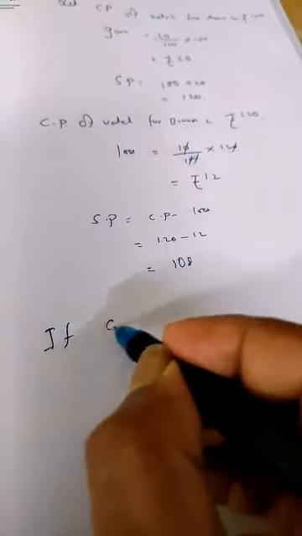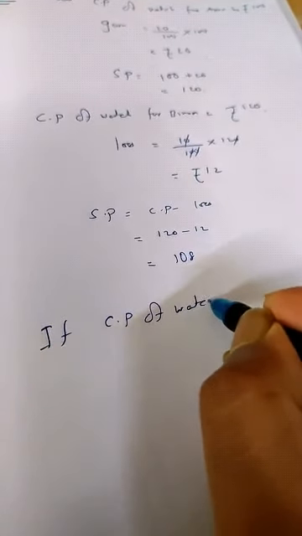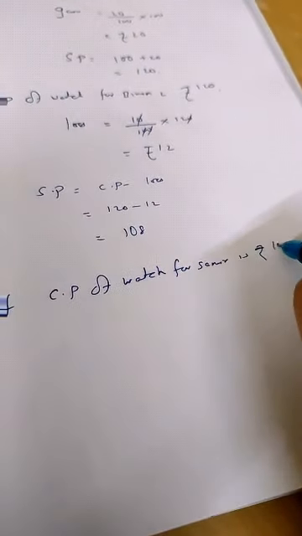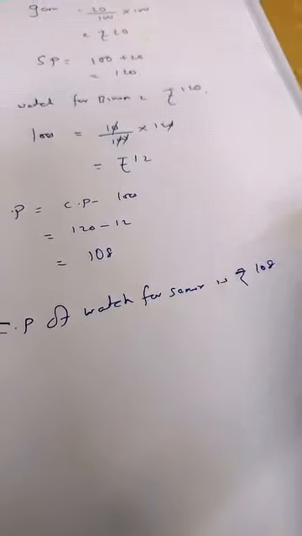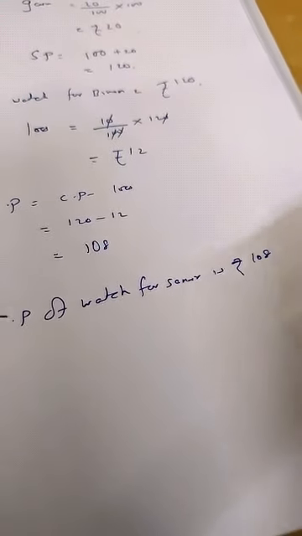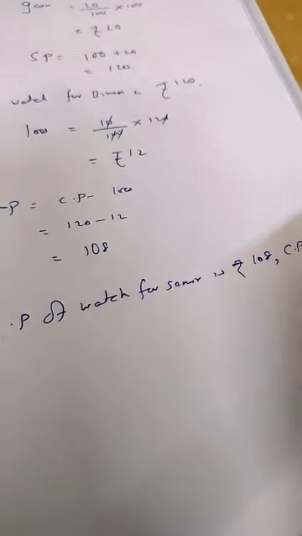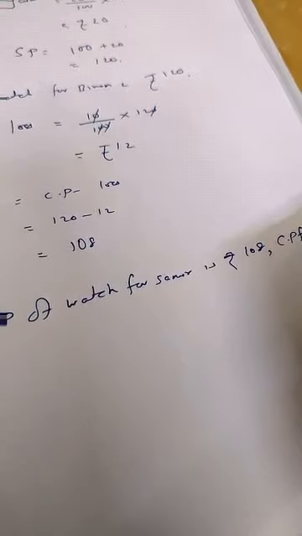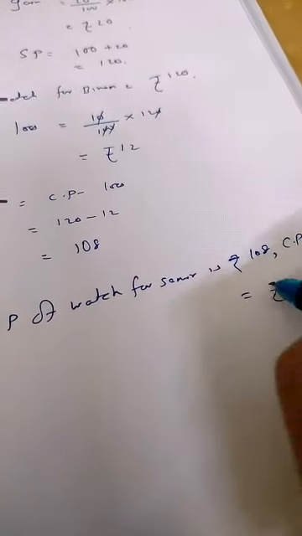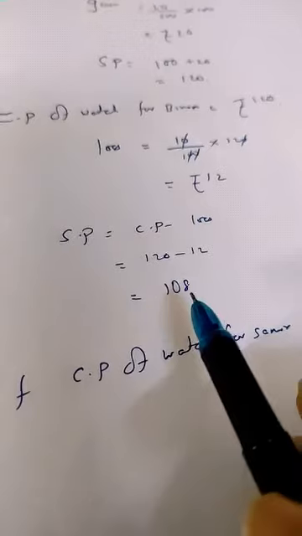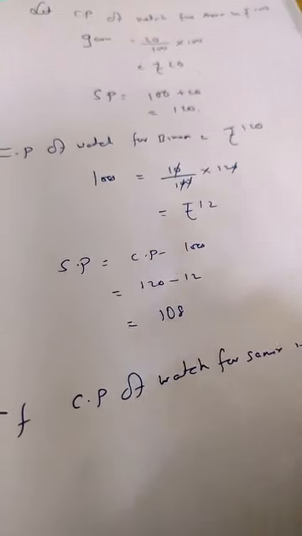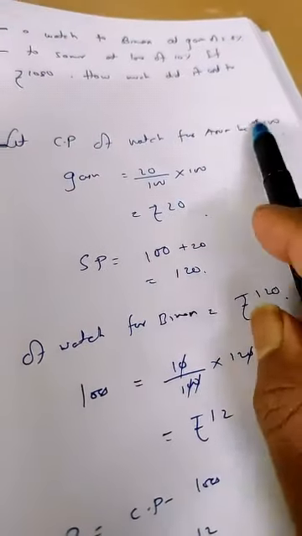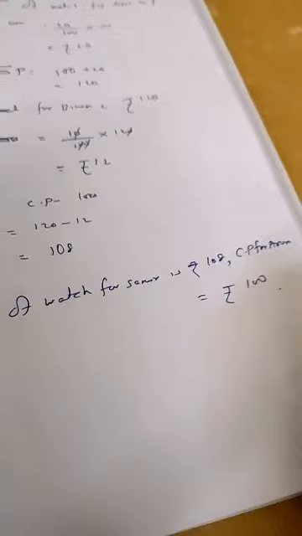So if the cost price of the watch for Samir is rupees 108, then how much did it cost to Arun? Cost price for Arun will be rupees 100, the original one.